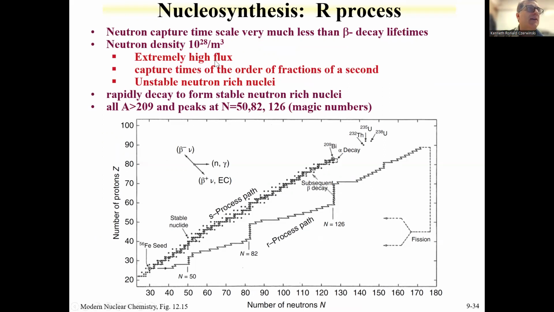So you can capture something over here and make something over here very rapidly, and then it beta decays up to here. And now all these isotopes that are off the path that are heavy, I can populate them. I can make them through this rapid process.